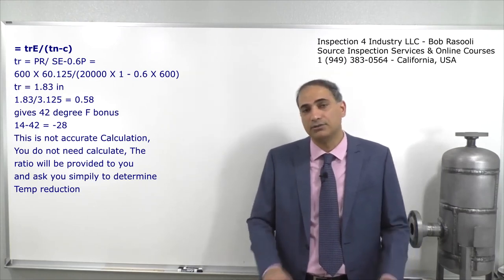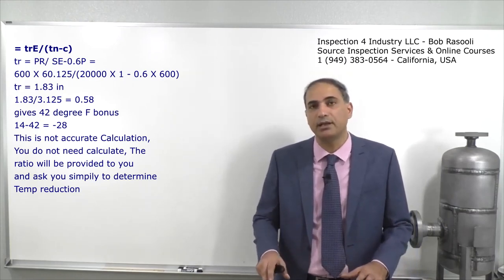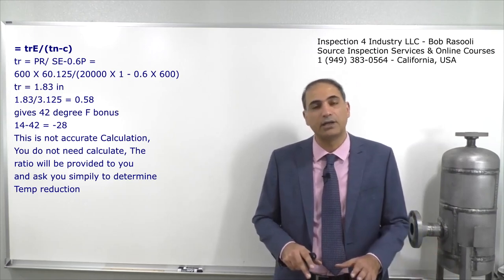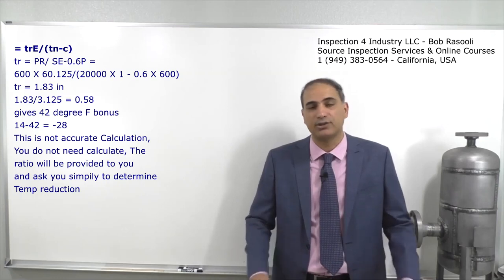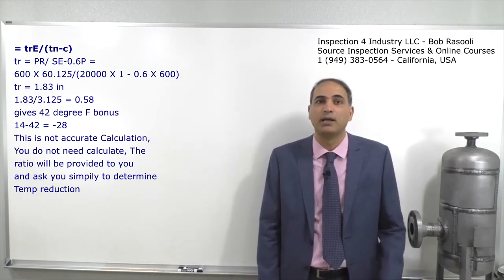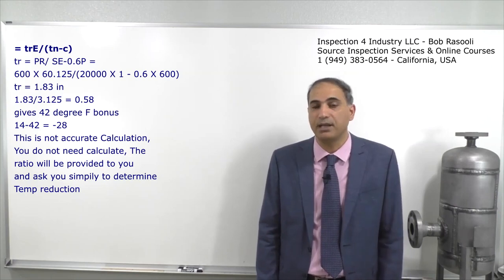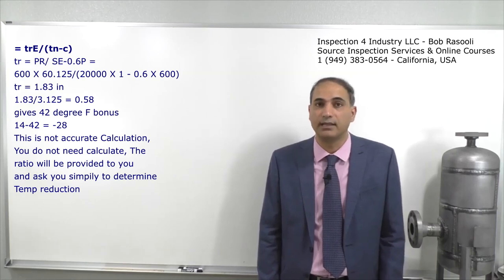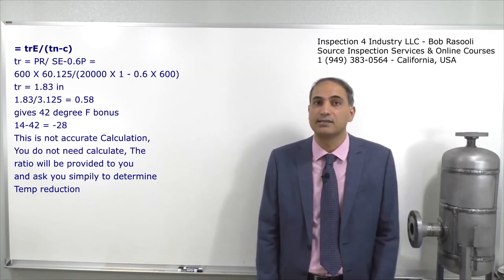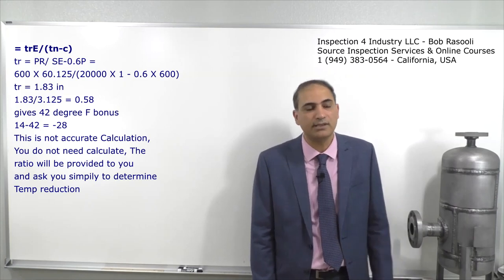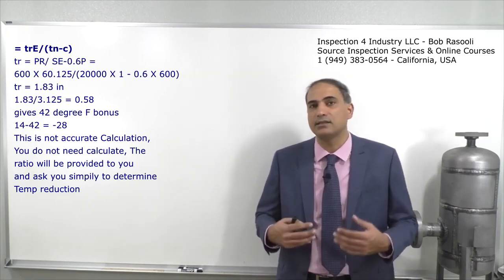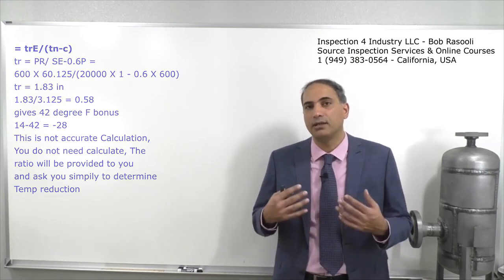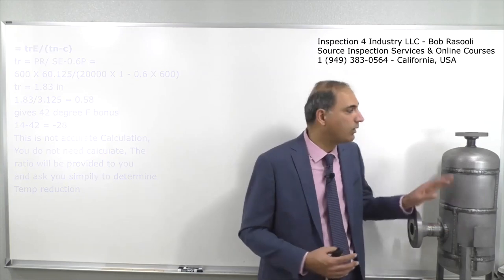So there was some kind of improvement in here. I came from 14 degrees Fahrenheit to minus 28 degrees Fahrenheit, very close, but actually I couldn't get exempted from UCS-66(b), and I have to move forward to see if I can get exempted by the next item, which is UCS-68(c). What does UCS-68(c) say? It says a bonus can only be given to P number 1 material.